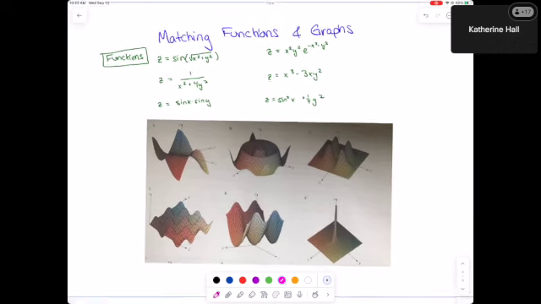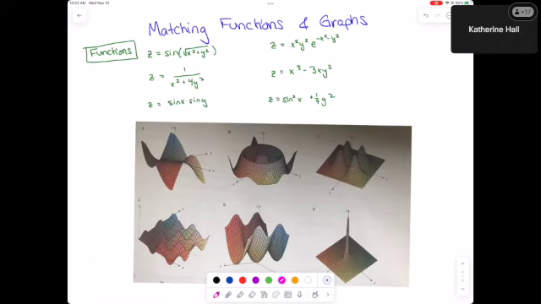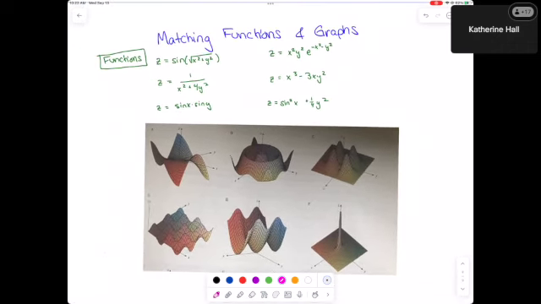So let's do the final thing in this section, which is we want to match these functions and graphs. So we need to pick out some things that we can notice about them that are going to help us graph them. We want to think about what happens along the axes.